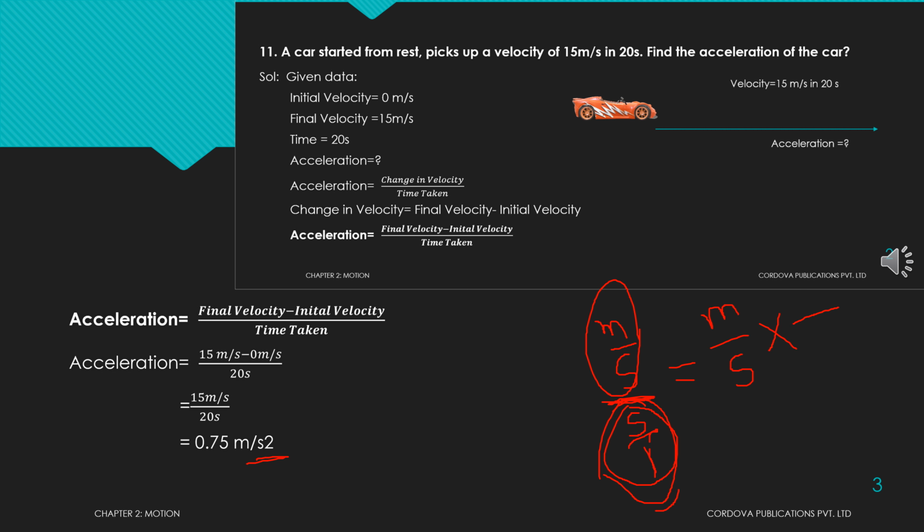This one is in denominator, so you will write it in numerator, and this one is in numerator, you'll write it in denominator. Look here, children. Now if you multiply, what you will get? 1 into meter is meter per second square. Right? This is how I got the unit meter per second square. I hope it's very clear.